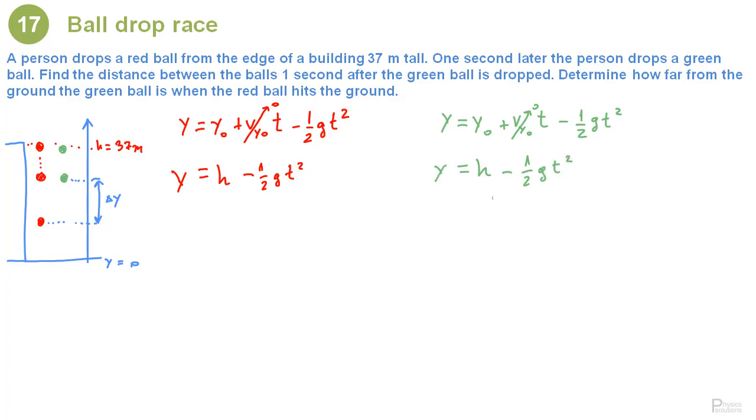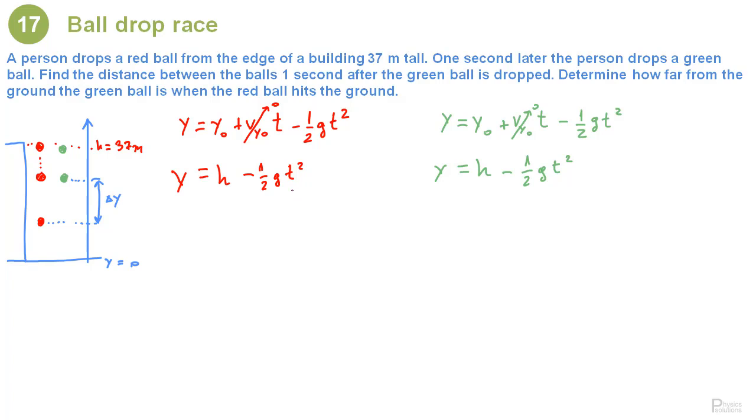Now the two expressions have exactly the same form, they have exactly the same terms, but one thing that is different between the two is the value of t, because the t here on the right refers to the time that the green ball has been moving, whereas the t here on the left is the time that the red ball has been moving.